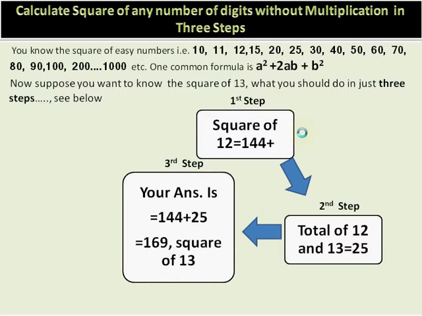And our third and final step is you add the 25 to the square of 12, so 144 plus 25 is equal to 169, which is the square of 13.